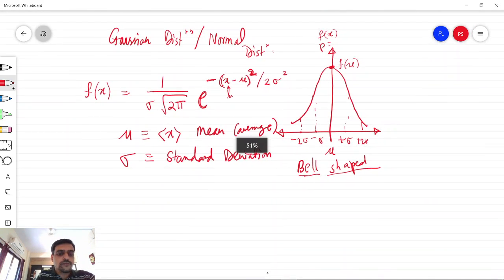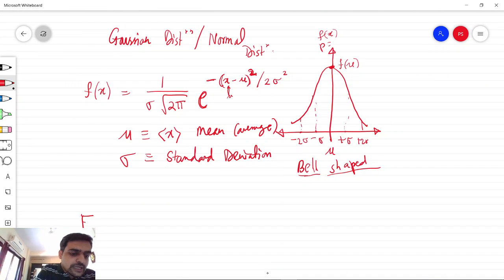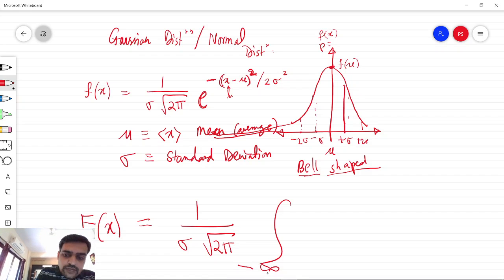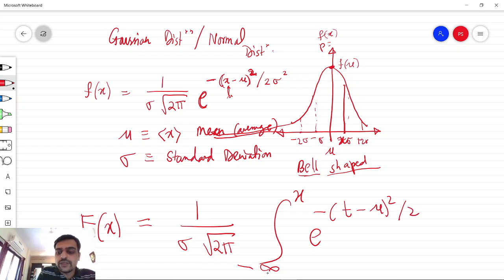Accordingly, the cumulative distribution can also be defined as F of x equal to 1 upon sigma root 2 pi, the same thing. Now we have to integrate from the lower bound, minus infinity, to a certain value of x of our interest, of e raised to minus (t minus mu) squared by 2 sigma squared dt.